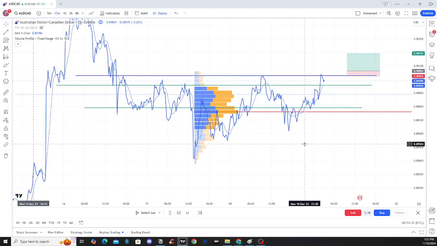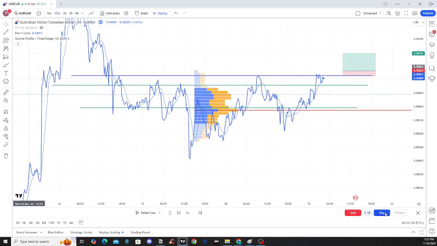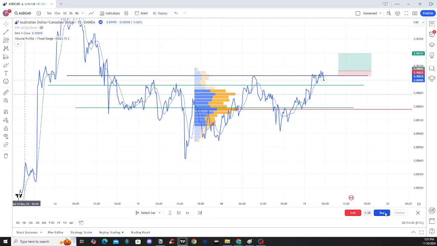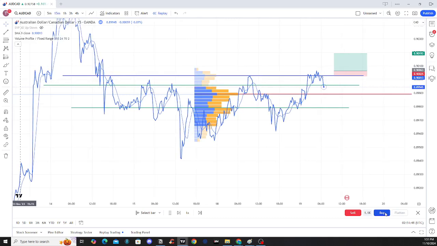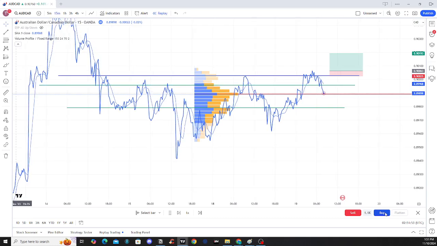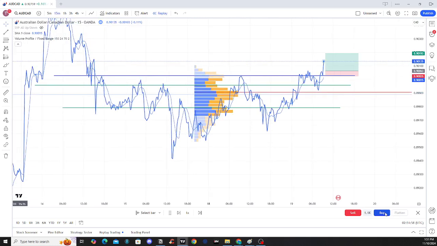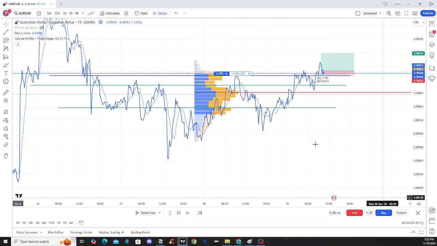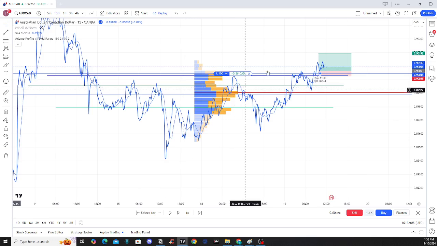Get the breakout. The major sign of strength. Retest of the point of control. I'm just going to pause that right here.